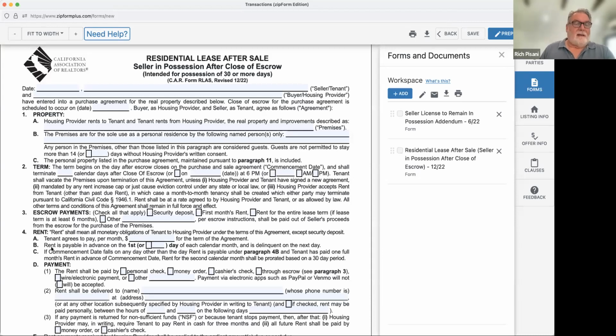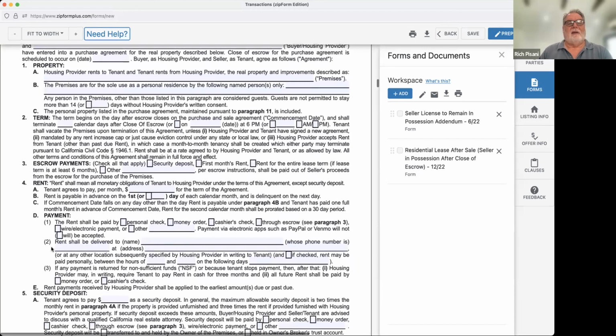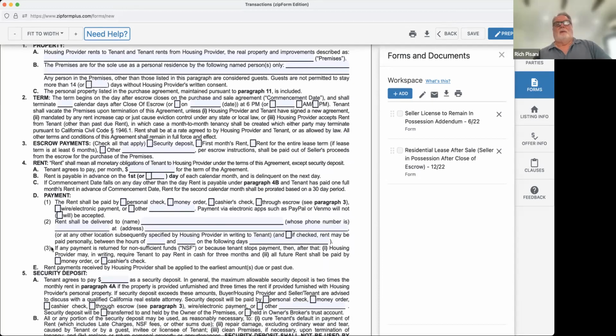So rent shall mean monetary obligation of tenant to the housing provider, except for the security deposit. Tenant agrees to pay X amount per month. Rent is payable on whatever day each month. If the commencement date falls on any day other than the day rent is payable, tenant is paid 1 full month's rent in advance.